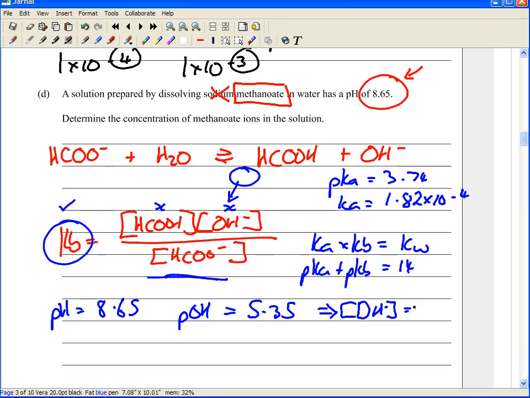Okay, so the OH minus concentration is equal to 4.466 times 10 to the minus 6. Cool.